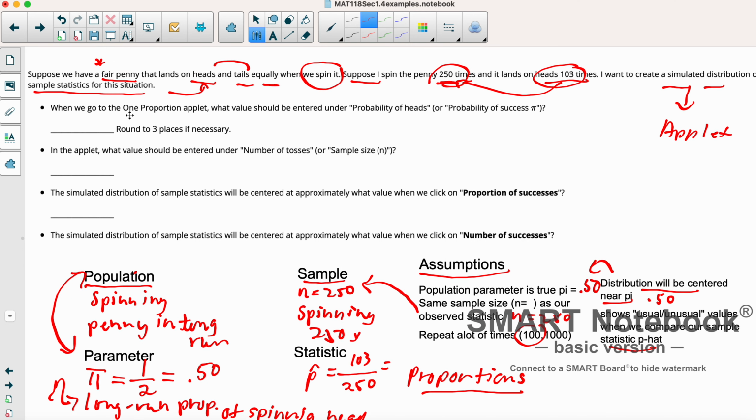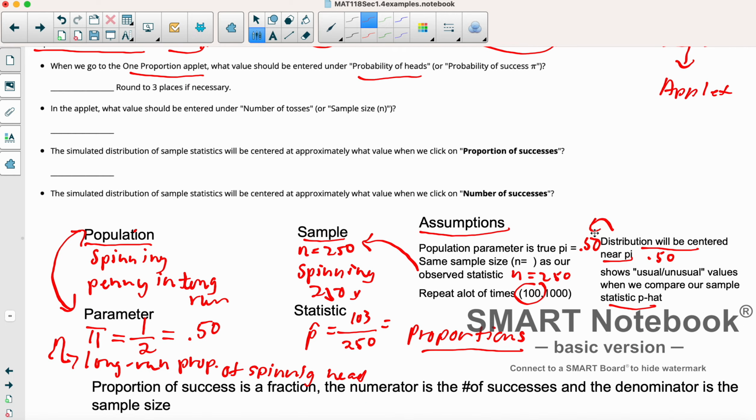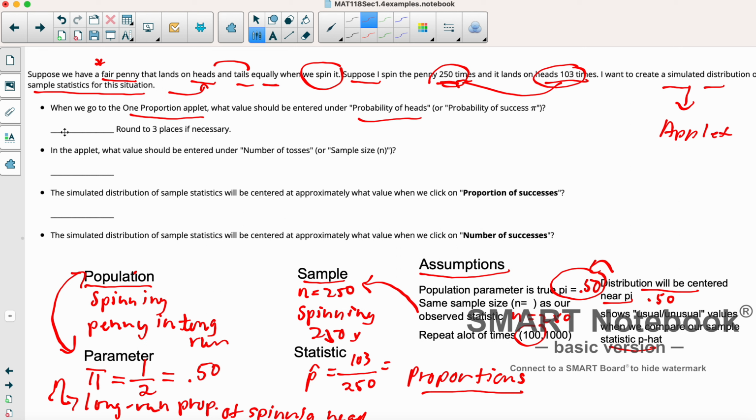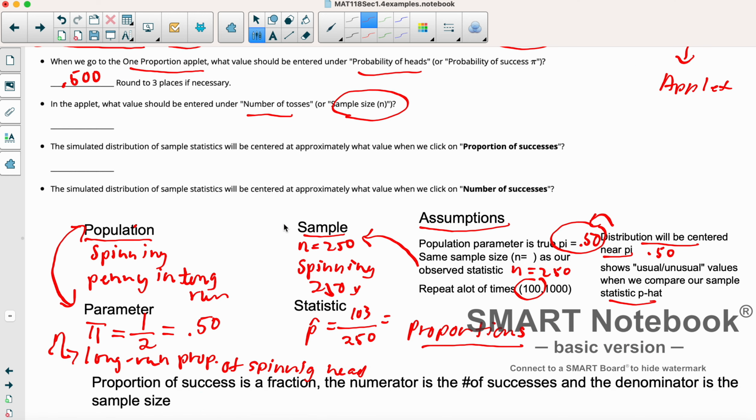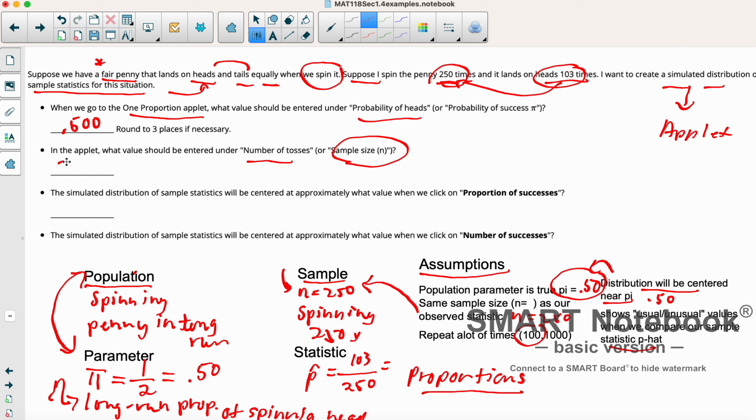So when we go to the one proportion applet, now that we have it all sorted out, what should be entered under the probability of heads? That is my population parameter, 0.5. What should be entered under the number of tosses? That's our sample size, n equals 250.